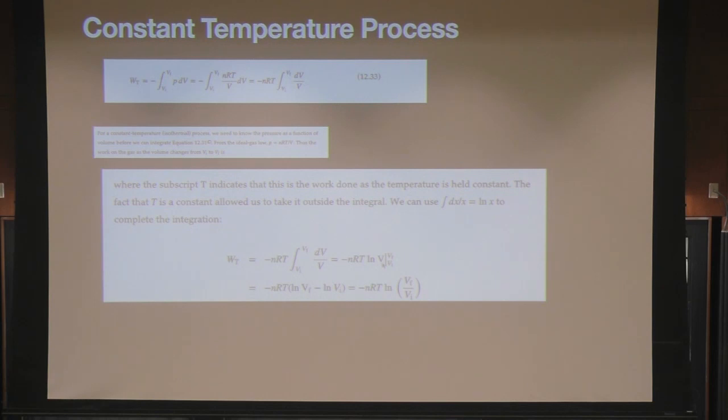So we had V initial to V final. And then what we find is minus nRT, natural log V final minus natural log V initial, by the definition of how we take the limits of an integral.